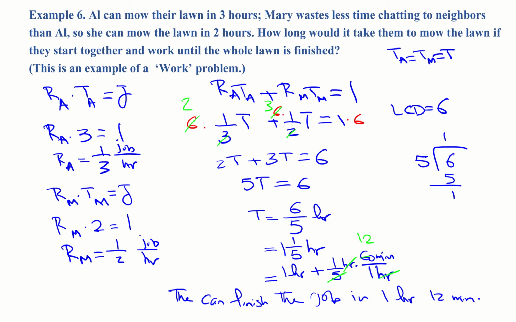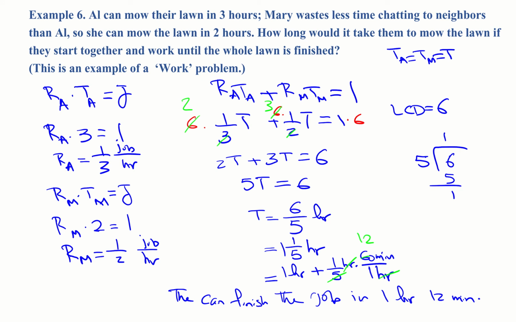That is, if they start together and finish together and each works just at their own individual speed. So that's what we consider to be an example of a work problem, where different entities are working on the same project, but each doing it at their own individual speed.